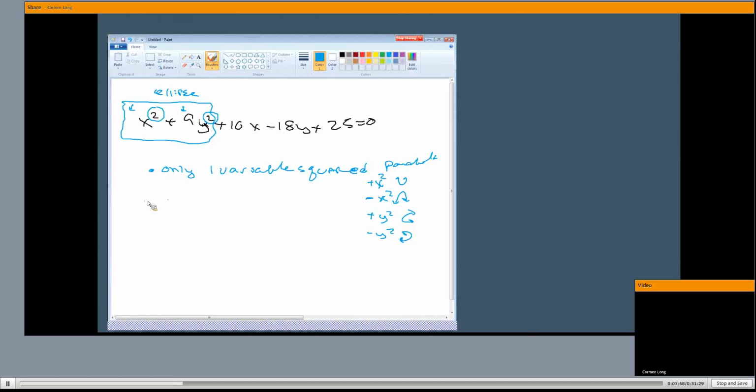If they're the same sign and the same number, it's a circle. Okay, so that's pretty easy. If they are different signs, it's a hyperbola.